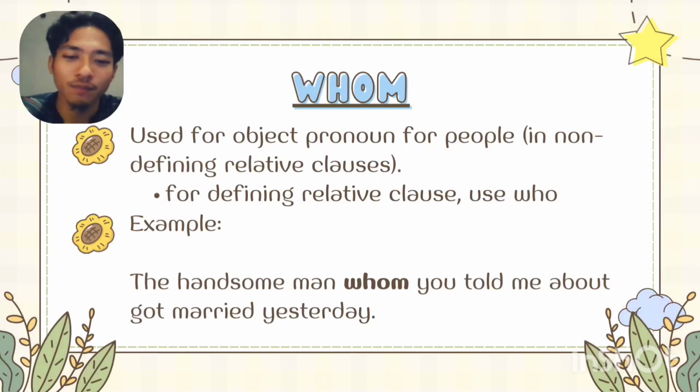So whom here is an object pronoun, because in the sentence after whom, you told me about got married yesterday, you is the subject and told me is the verb. Whom is referring to the handsome man, which is the object of the sentence.